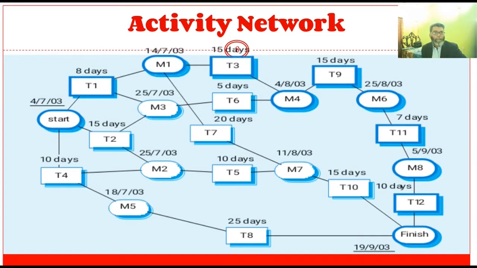Then T3 and T1 have a middle activity M1, T1, T2 and T6 have a middle activity M3, T2 and T4 with T5 have a middle activity M2, etc., from the start till the finish. With respect to this, let us go to the next section for finding the critical path, and all that will come in the later stages.